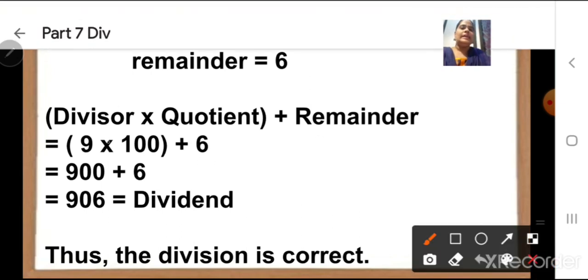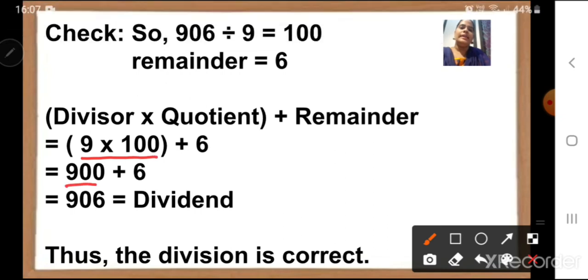Children, 9 into 100 is equal to 900. Correct? Now plus 6. 900 plus 6 is equal to 906, which is equal to the dividend. Thus, the division is correct. Okay. Write all the steps properly.